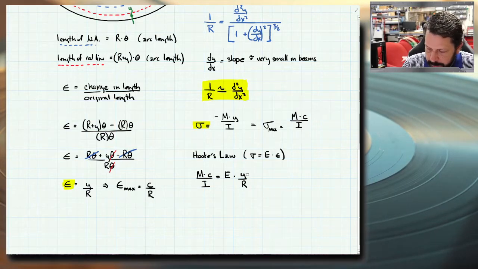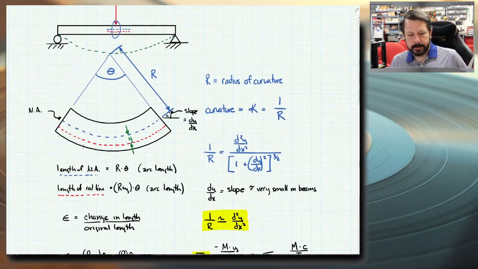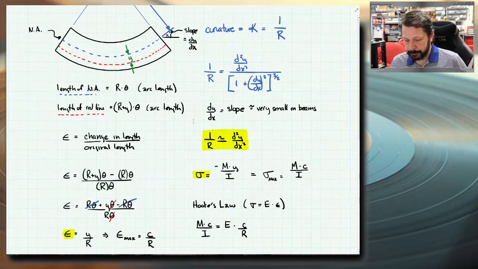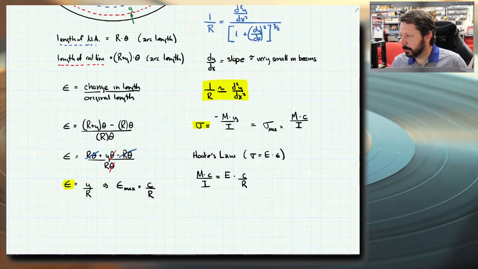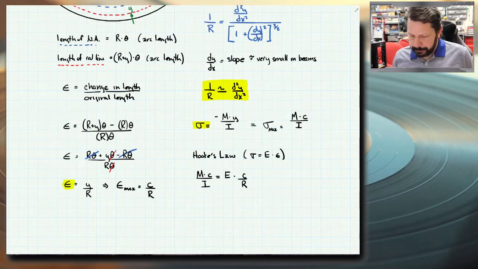So instead of a y here, I'm going to put that same value of C. What that would do is move this red line all the way to the bottom of the beam, or maybe all the way to the top, whichever is further away from the neutral axis. Now I've got an equation that's starting to look a little bit interesting. Let's rearrange it a little bit.